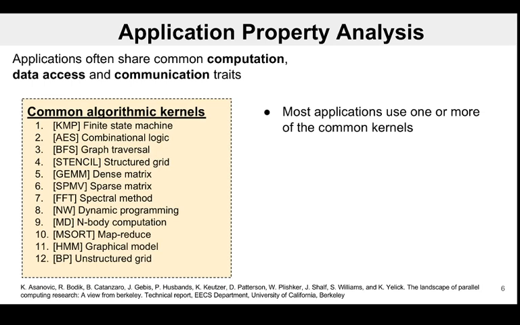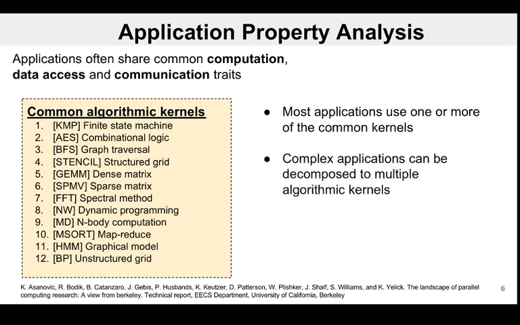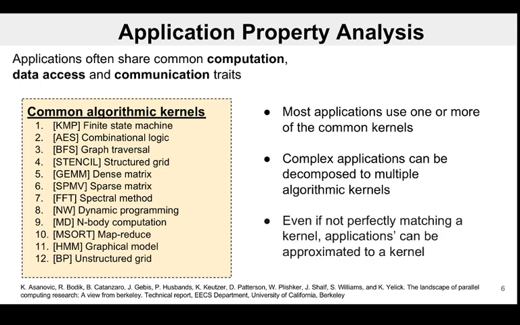And the study shows that most applications use one or more of the common kernels, and complex applications can be decomposed into multiple of these algorithmic kernels. We use these kernels for our studies, hoping that they can generalize for most applications, and they will help us to capture properties that can generalize for all applications.